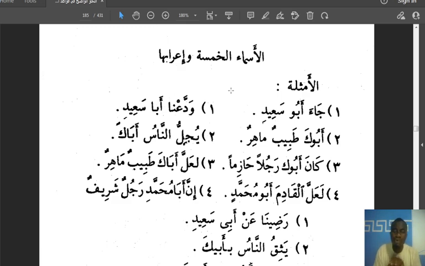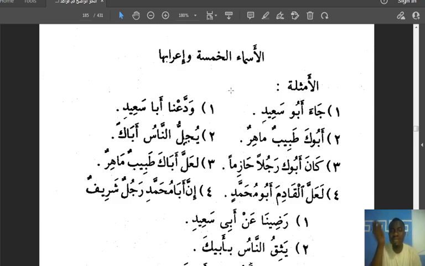When we do i'rab with these vowels, we say al-i'rab bil-harakat. That is i'rab by vowels. There are some words whose grammatical analysis does not fall on these vowels. They use the secondary signs, which are al-alamat al-far'iyya, which can also be said al-i'rab bil-huruf.